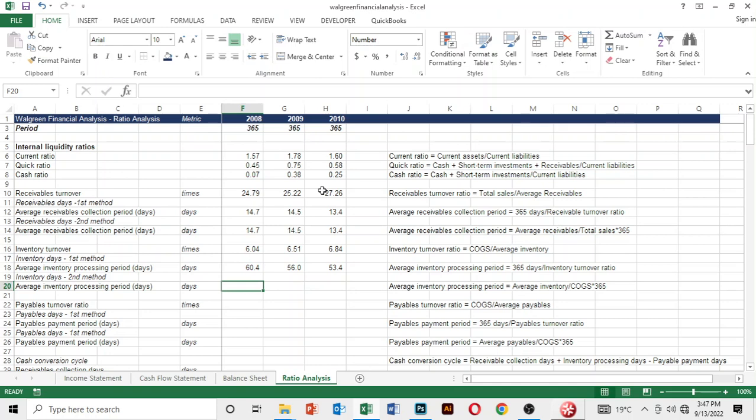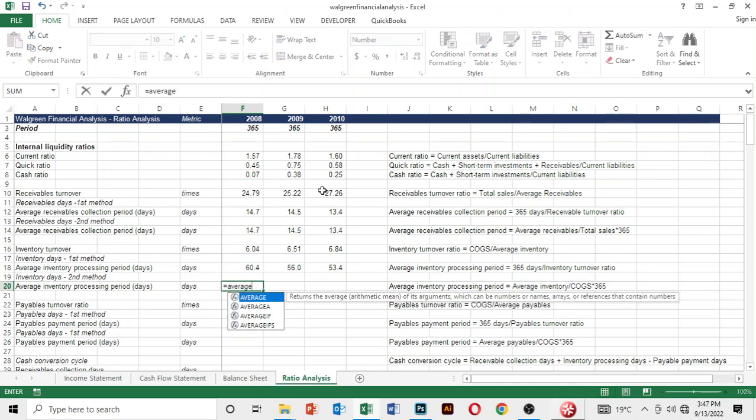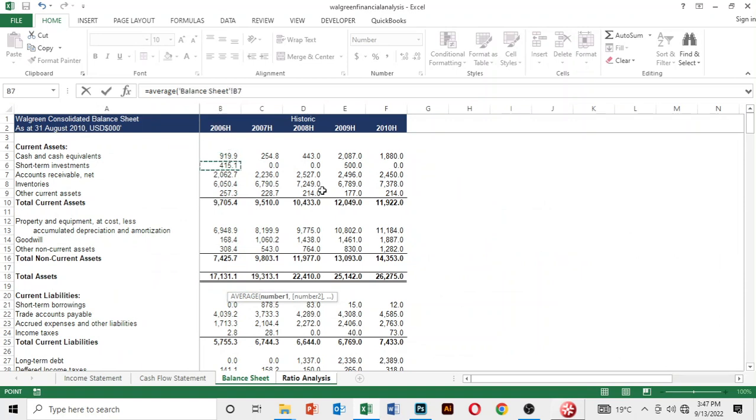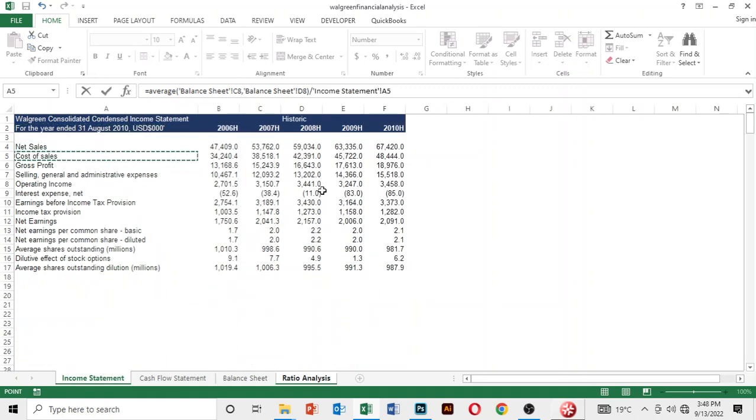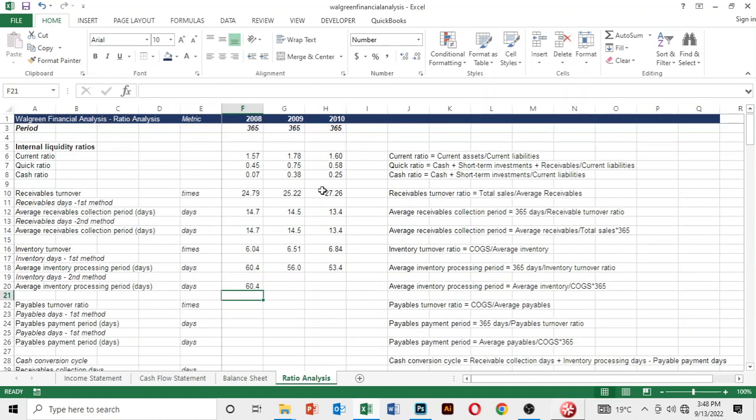So we say average inventory, then we divide by cost of goods sold for 2008. We multiply by 365, and then we get the same value.